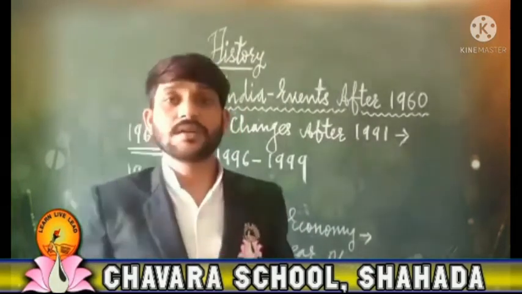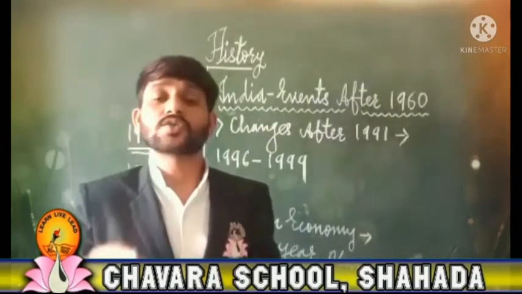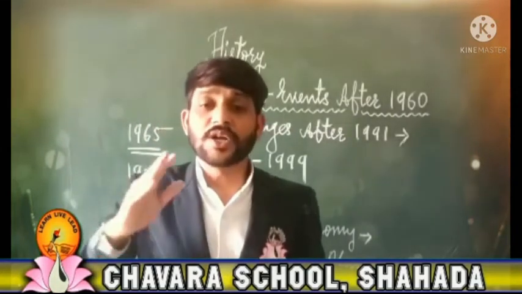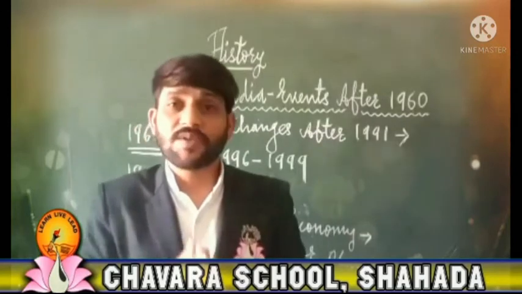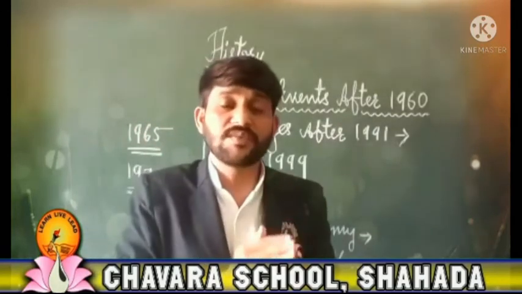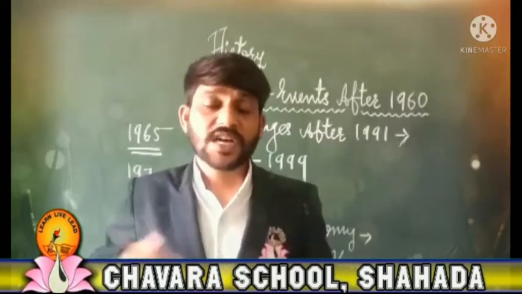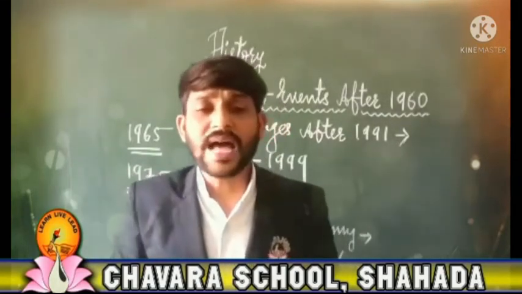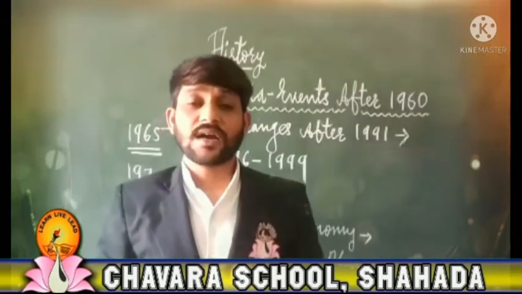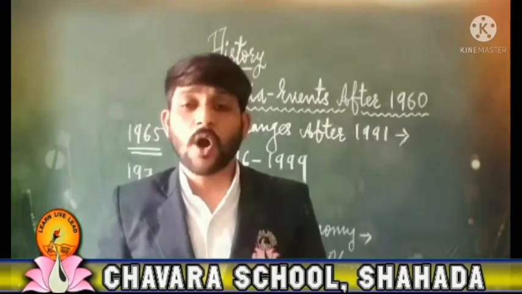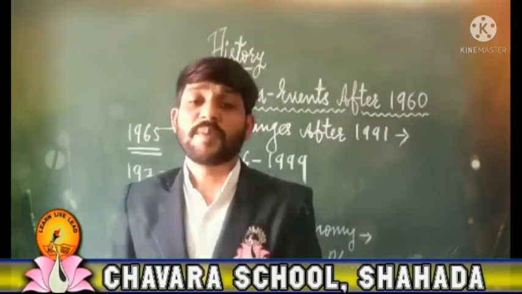Next is changes in the social field. Now see, during this period, there were several changes which took place in the social field in our India. Among them, some of the changes are related to the issues of empowerment of women.